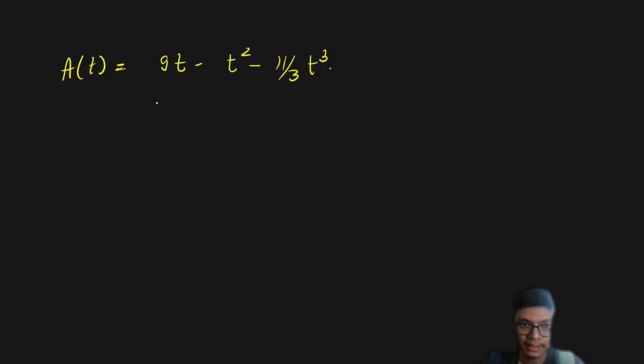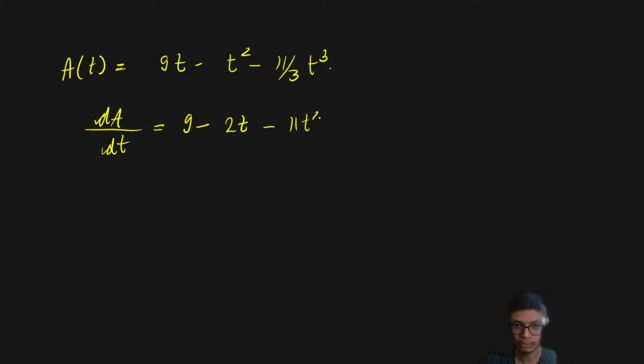Now, in order to find the largest area, we first have to differentiate it once. So let us do the maxima and minima: let us differentiate and try to get the critical points. If we differentiate this with respect to t, I'm going to have 9 minus 2t minus 11t square. And if we equate this to 0, we are going to get the critical points.